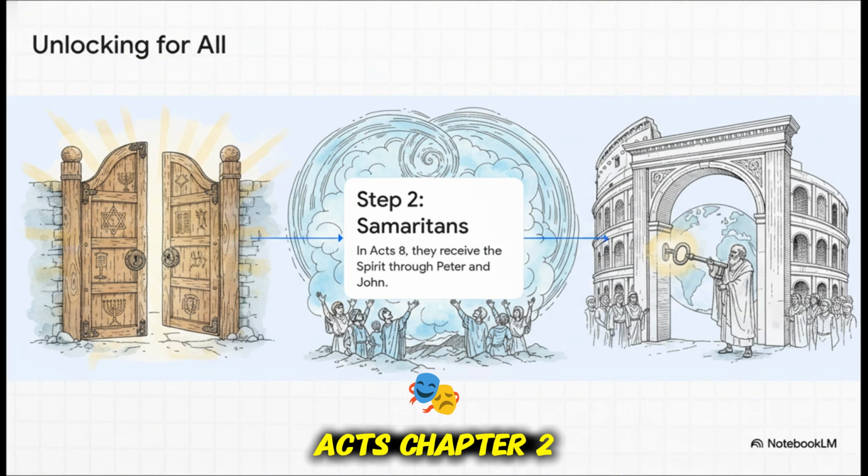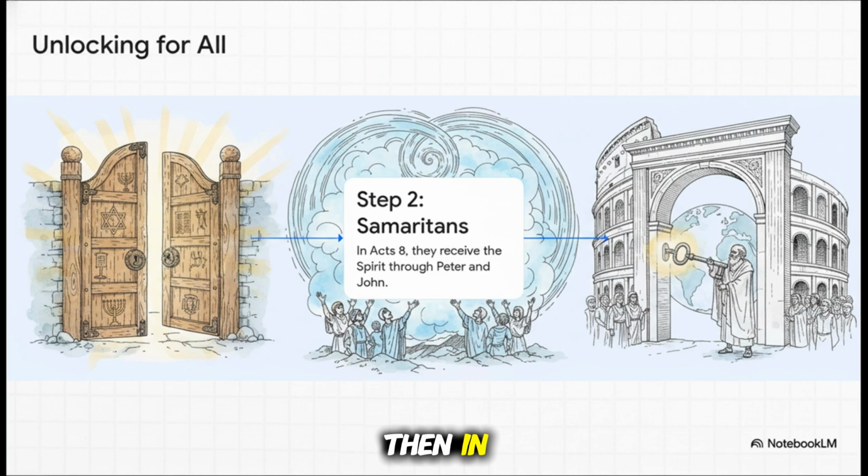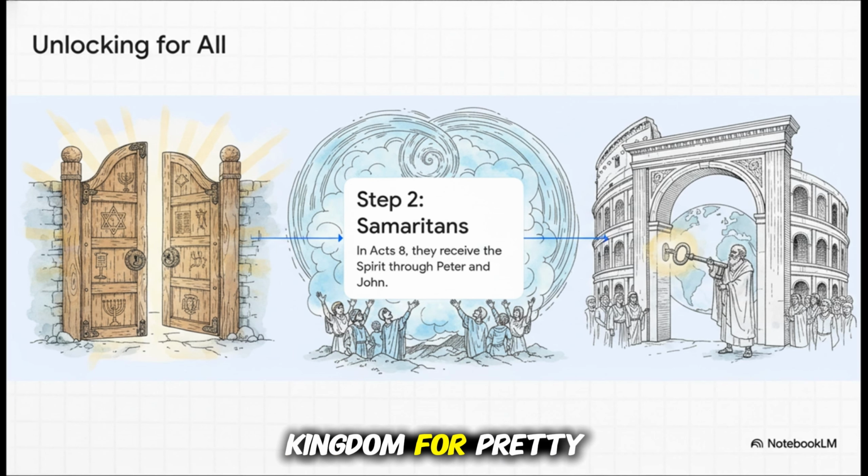In Acts chapter 2, Peter's big sermon opens the door for his fellow Jews. Then, in Acts 8, he's the one who is instrumental in bringing in the Samaritans, a group that was often seen as total outsiders. And finally, in Acts 10, he goes to the home of a Gentile, a non-Jew, and unlocks the kingdom for pretty much the rest of the world. It's a clear 3-step pattern of radical inclusion.